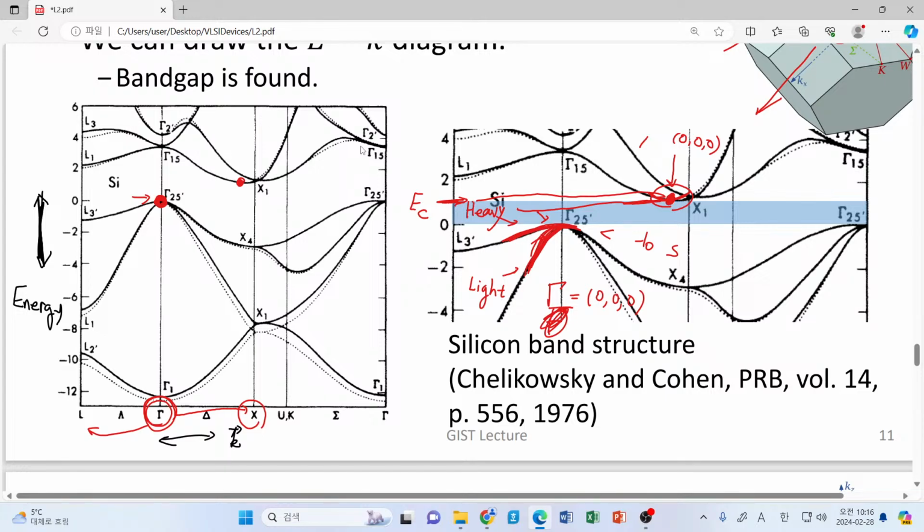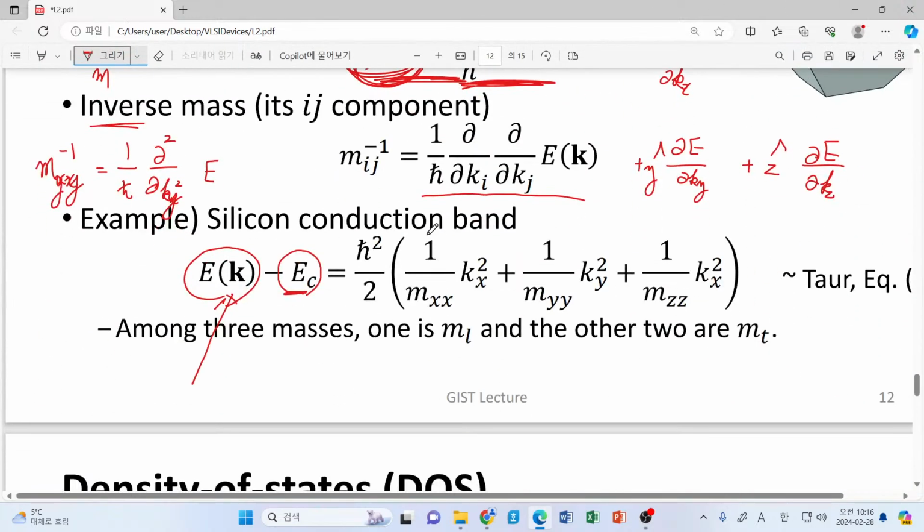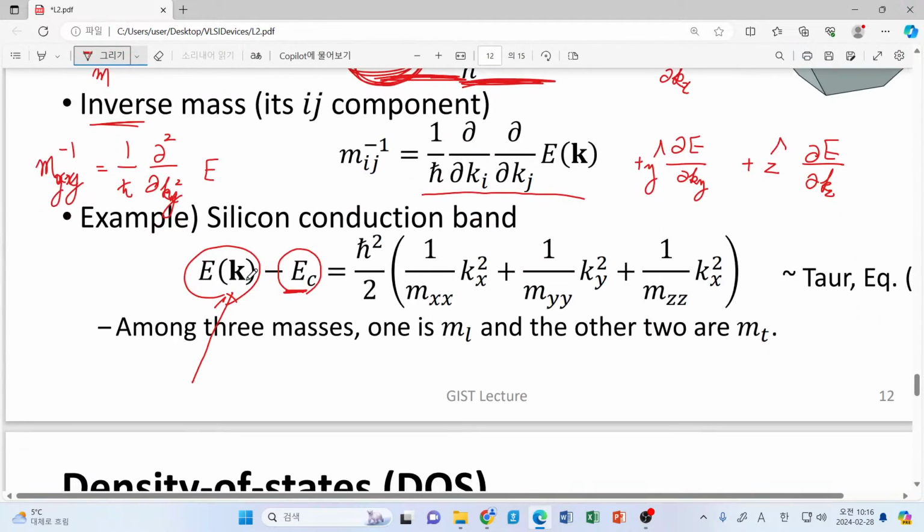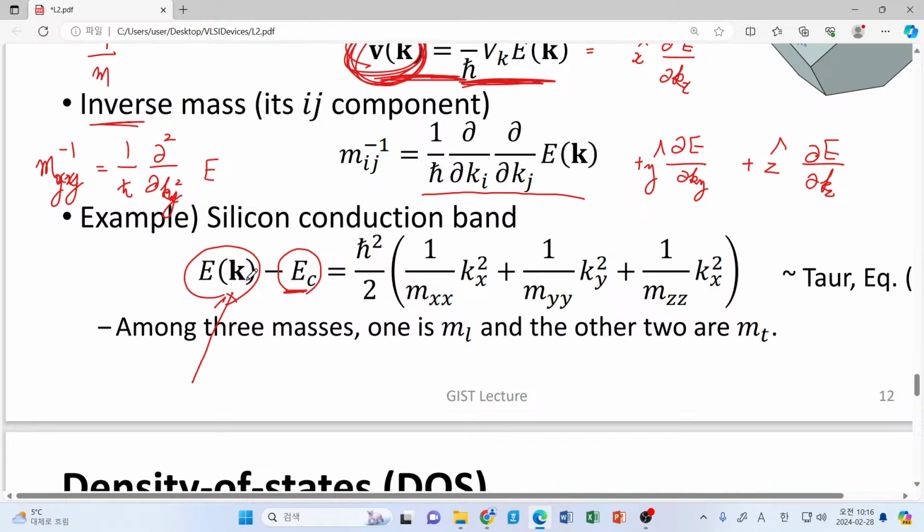Although this is not 0, 0, 0, instead of the real k, we introduce a certain offset, and that is written here as the k value. Sorry about that, but this is quite a conventional way.